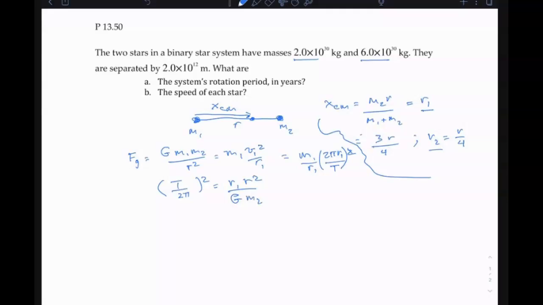And we know that r1 is equal to 3/4 r, so we can rewrite this as 3/4 r cubed over G M2.